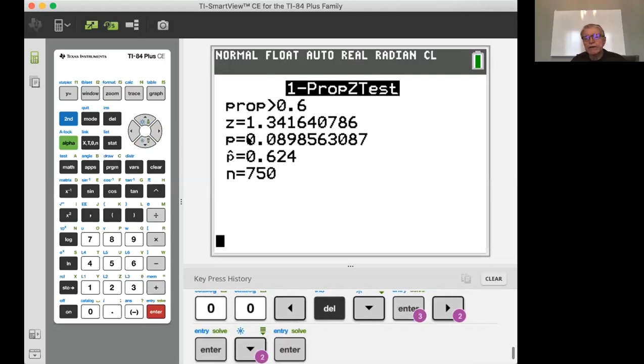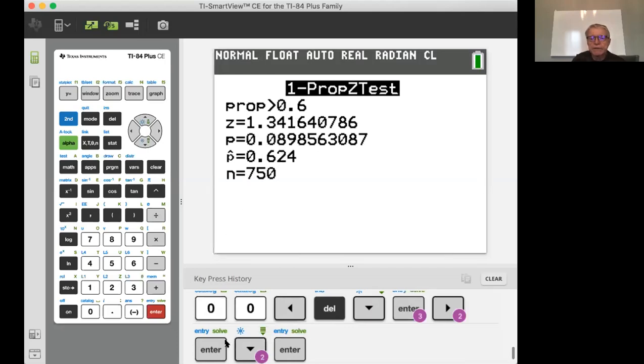The area underneath the curve farther to the right is 0.0899, rounded to 4 decimal places. Okay. And so that would be the test statistic and the p-value. You would use the p-value, then compare it to alpha to make your decision.